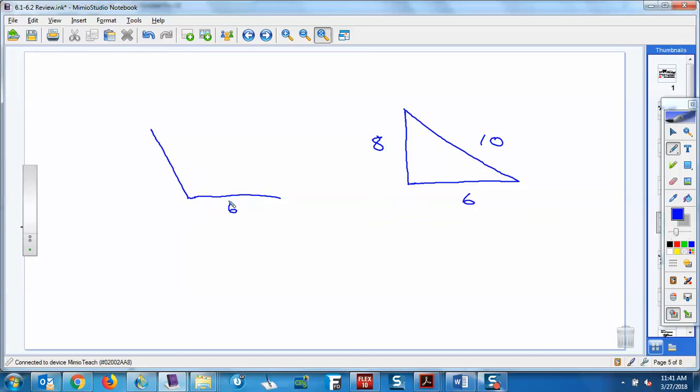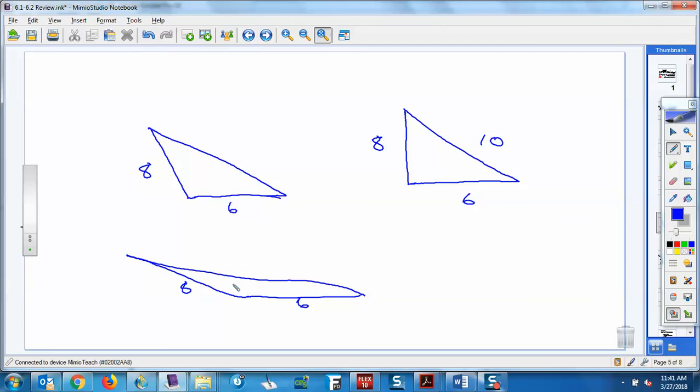If you have 6 and 8 here, you're going to have to spread that open more to fit the 12-footer, and so it's going to be narrower. If this gets longer and longer, these are almost straight, and then that third piece is going to be narrower and skinnier. So having the other side get longer doesn't necessarily make it bigger.